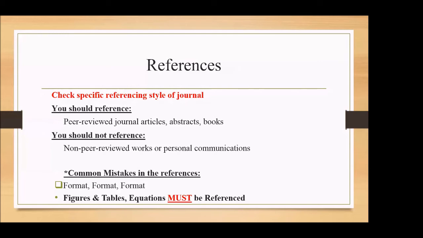For example, if you take information from a forum, this is considered personal communication or online communication, so this is not a useful source. Usually when we look for information, we look at peer-reviewed journal articles, books, or book chapters, for example.